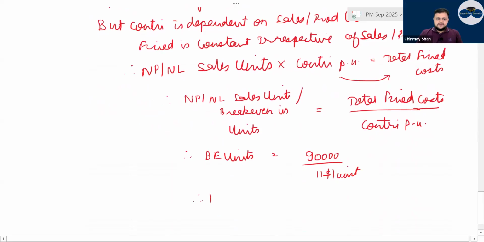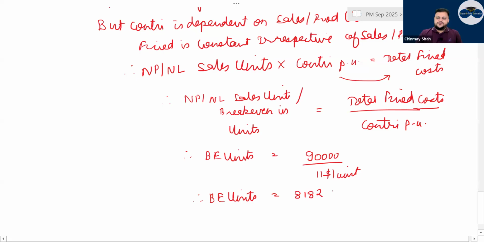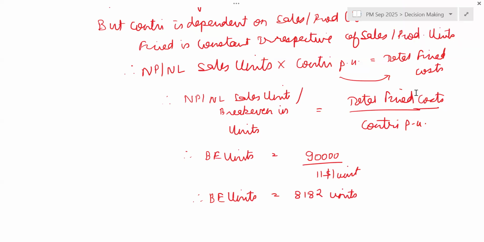Therefore, break-even units are how much? 8182 units. It will be 8181.8 something, right?